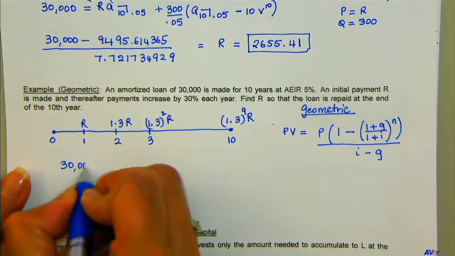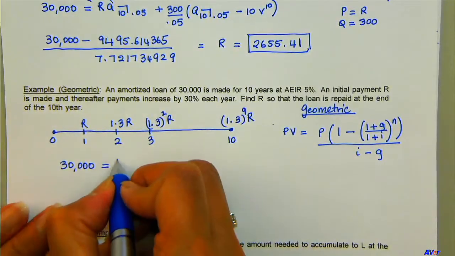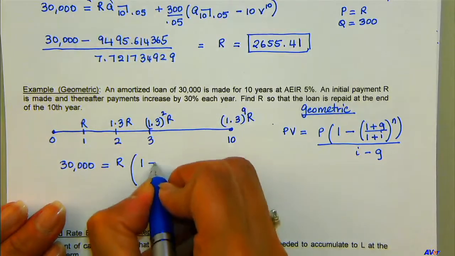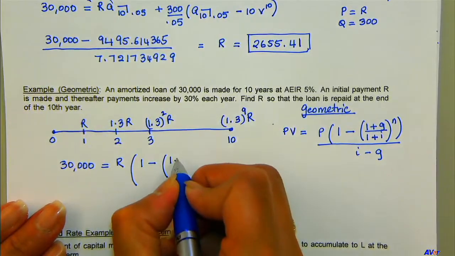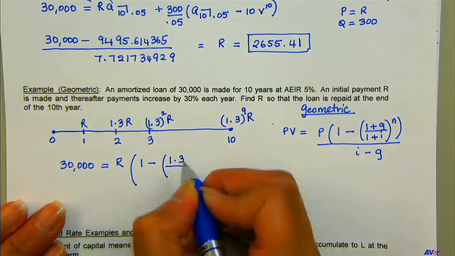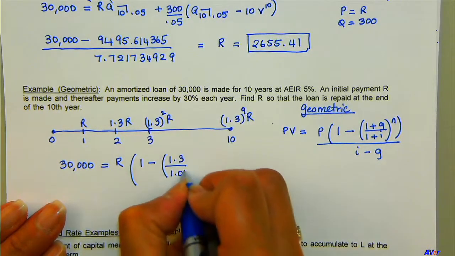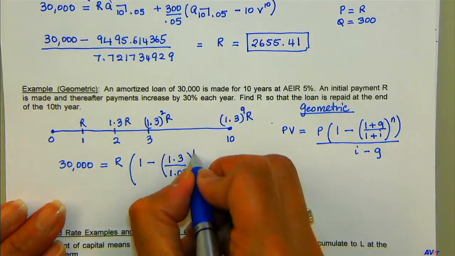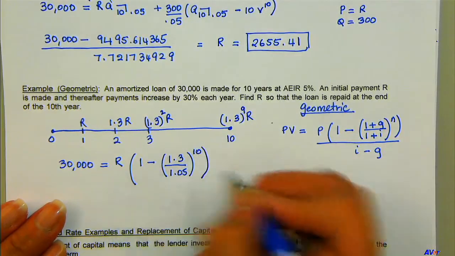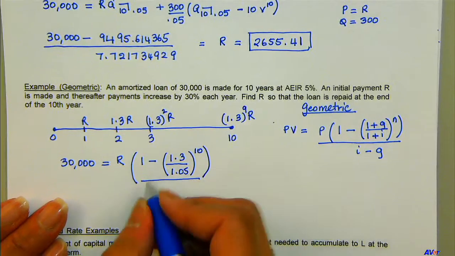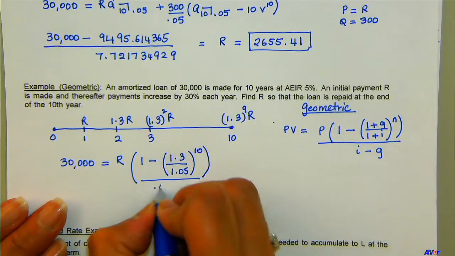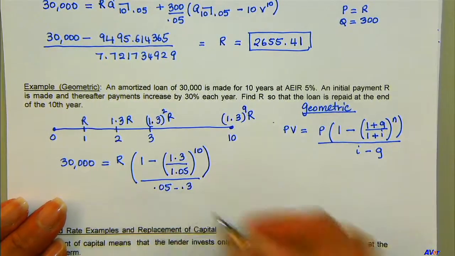30,000 equals, P is called R, 1 minus 1 plus G, the growth is 30%, divided by 1 plus I, so 1.05, raised to the 10th power, because this is happening for 10 years, divided by I minus G, 0.05 minus 0.30.